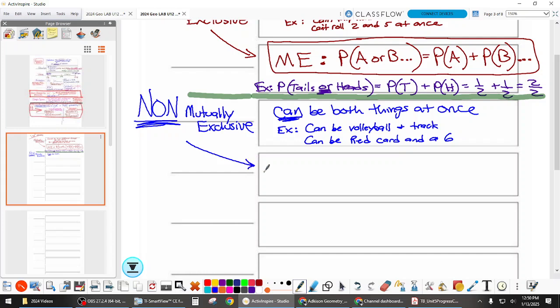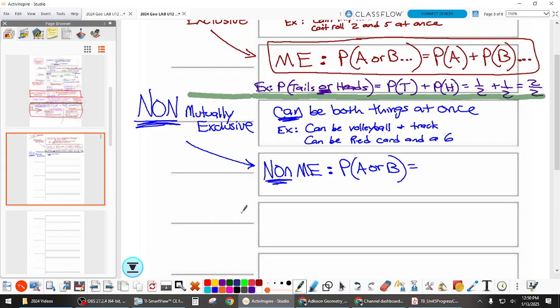Here's that. Non-mutually exclusive. So far it looks the same.